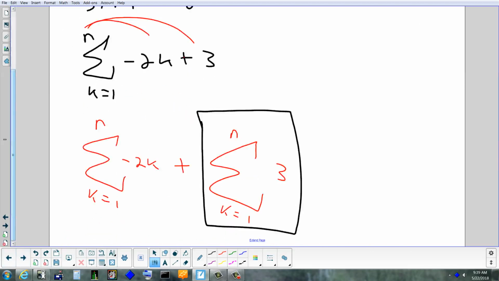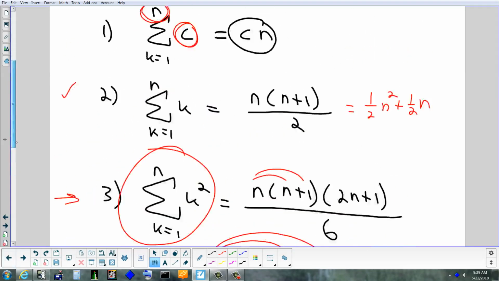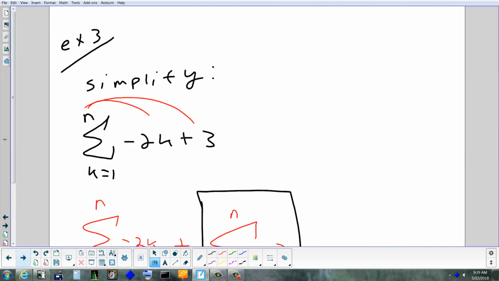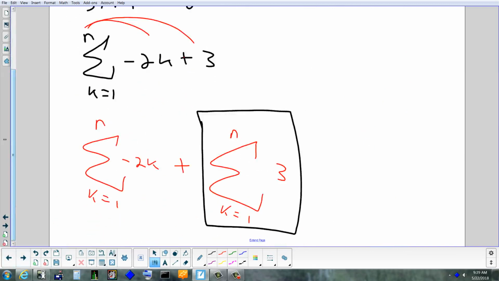But this isn't one we recognize. We never had one with a negative 2k. We had one with just a k. But we had another rule that said something you can do with this negative 2. What are you allowed to do with that negative 2? Yeah, you can pull it out. We can take it and put it in front.